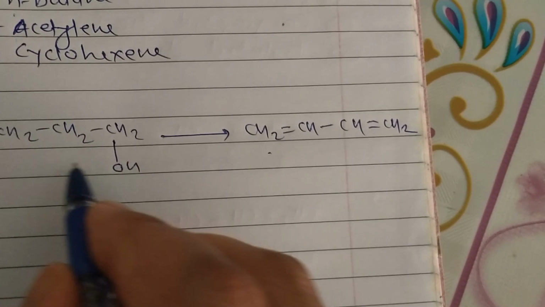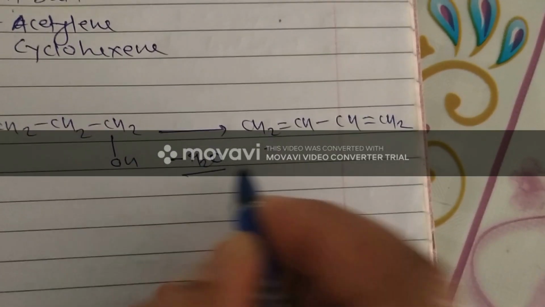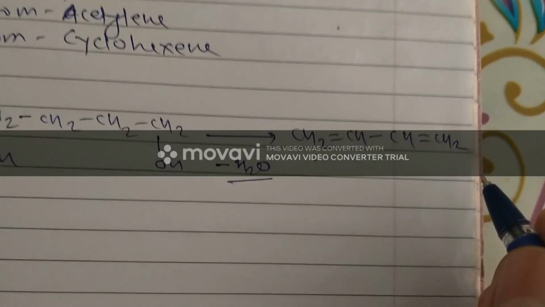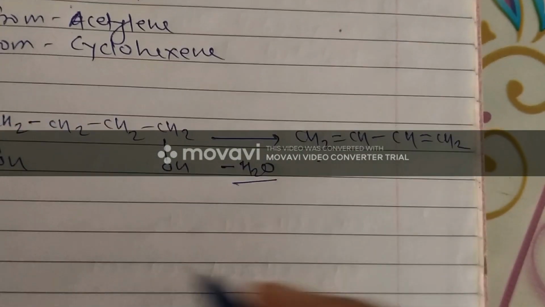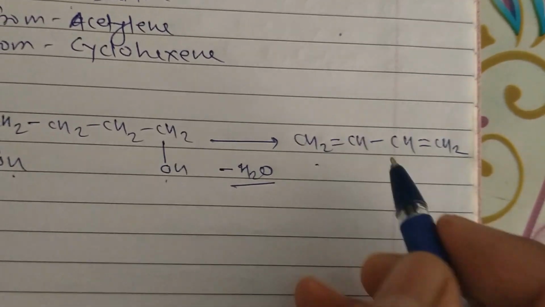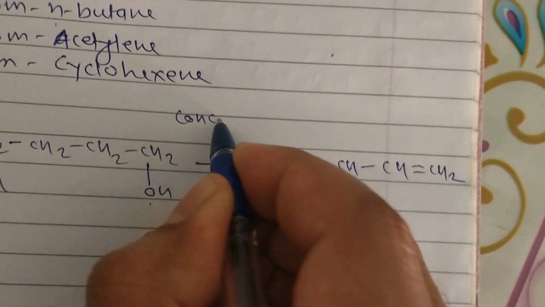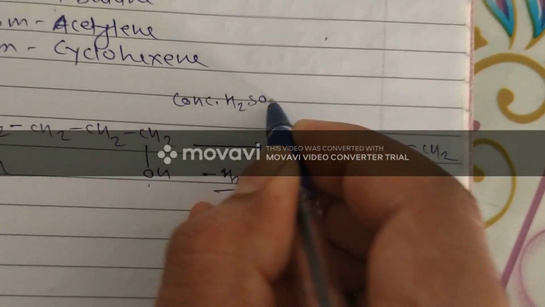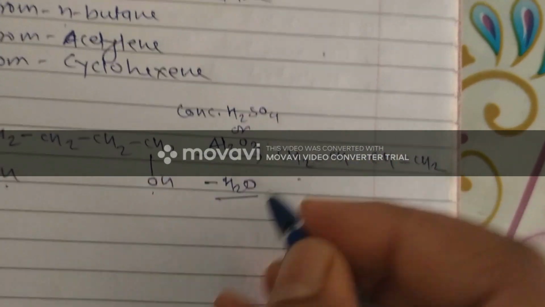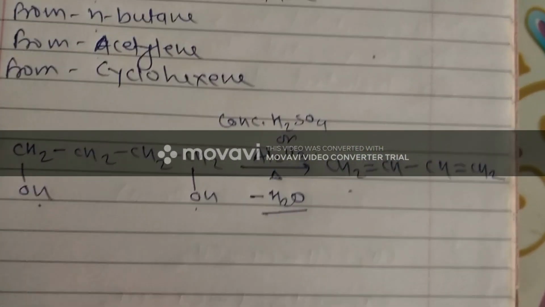Butadiene can be prepared from this when there is a loss of a water molecule. This reaction is called dehydration. The 1,4-diol is dehydrated, which gives 1,3-butadiene. The dehydrating agent required is concentrated H2SO4 or alumina Al2O3 at a high temperature of 280 degrees Celsius or more.